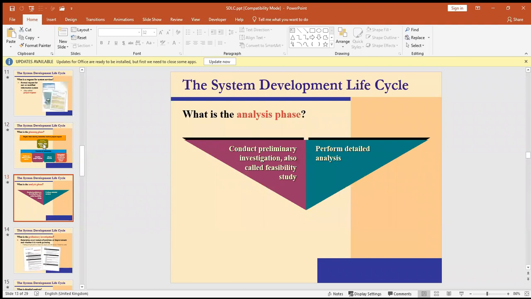Then in analysis, amongst the tasks, I've already talked about the preliminary investigation, which is feasibility. It is always important, before you embark on something, to weigh in, measure and see how achievable this is. Is it a far-fetched dream, or is it something that we can achieve?